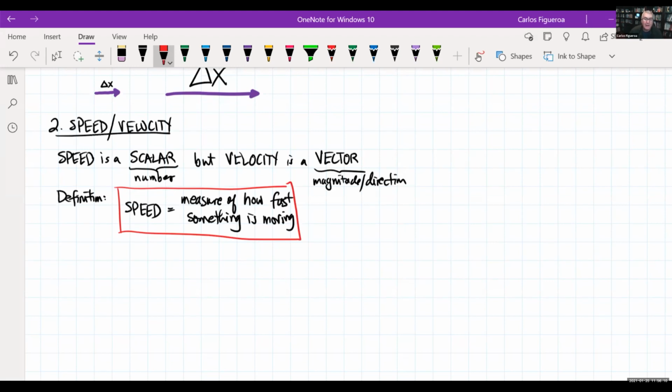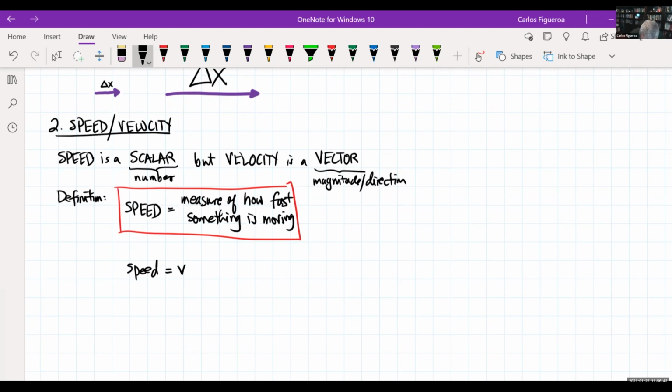So now, here's what you find. Speed mathematically looks something like this. But if I look at speed, what you're going to find is that speed is encased in velocity. The symbol for speed is v. And remember what I said, it's embedded in velocity, just like position is embedded in displacement.